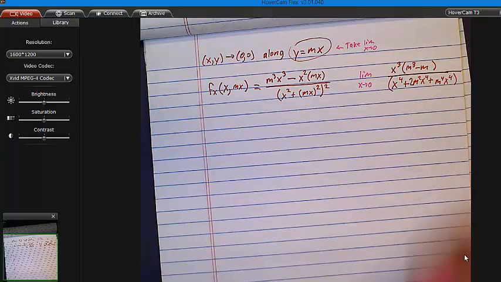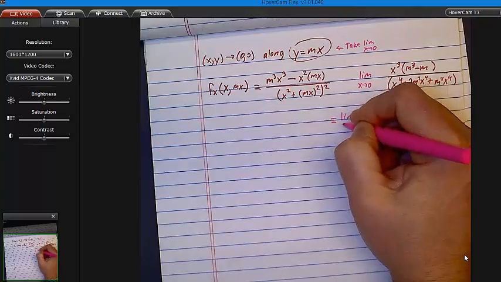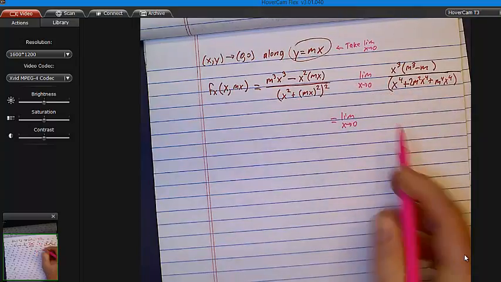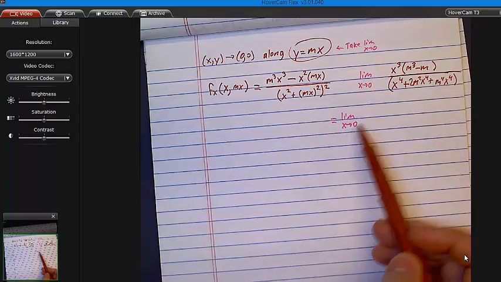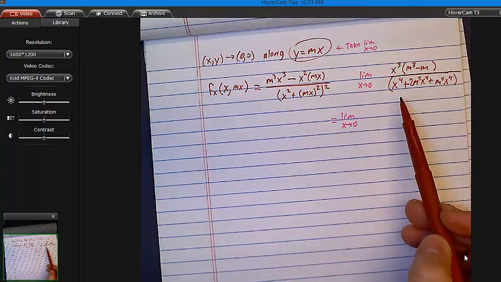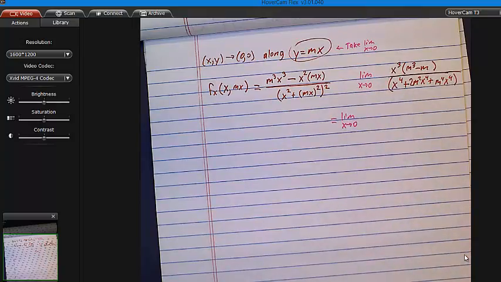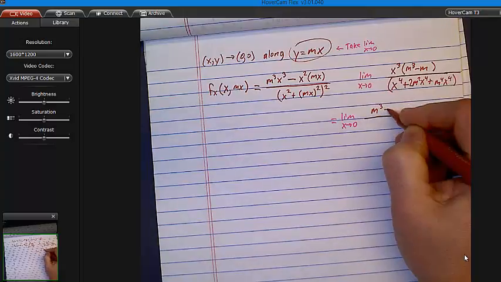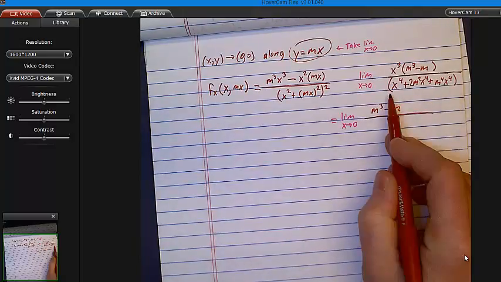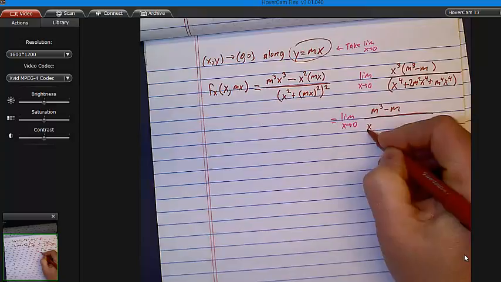So here I go. Limit as x goes to 0, because I'm trying to move towards the origin along some line. Right now, if I plugged in 0, I would get 0 over 0. That's indeterminate. But what do you think I'm going to do here? I'm going to do it easier than that. Let's reduce. You could use L'Hopital's, but if I just factor things out and cancel, factoring out the x to the fourth, the only thing left out front is an x.